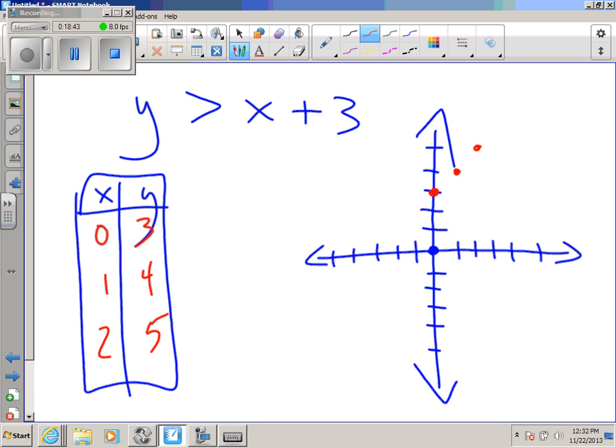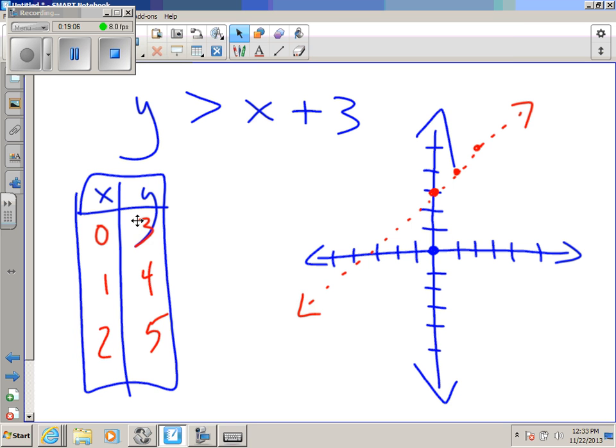Are we good so far? Because it's just a regular greater than sign, I'm going to use a dotted line, because that's going to say the points on the line are not a solution. So I'm going to connect these with a dotted line.